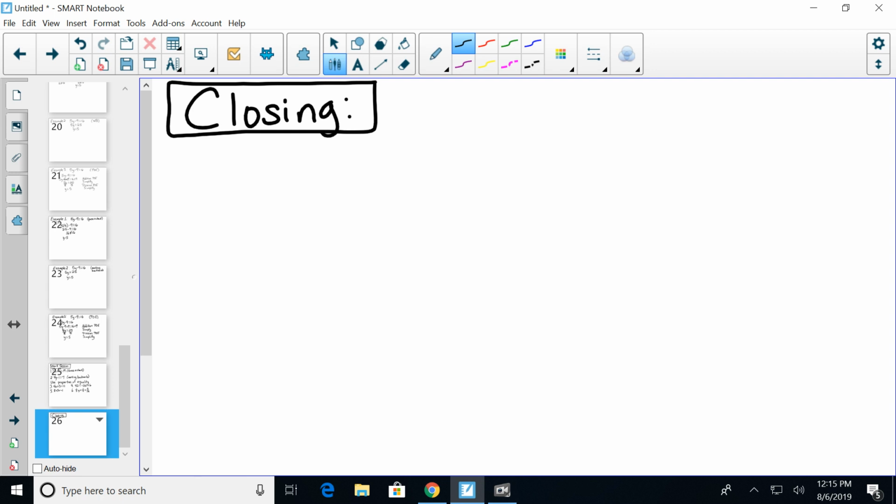For the closing, you're going to be doing it in your composition book. You are going to answer the following question in complete sentences. You do not have to write the question, you just have to answer it. Which method of solving do you think is more efficient?